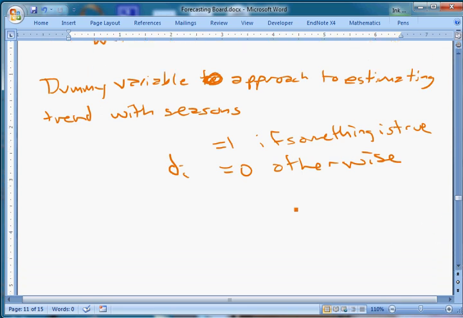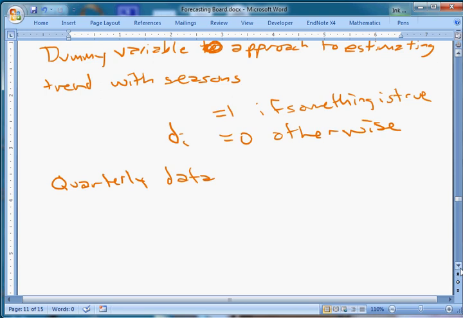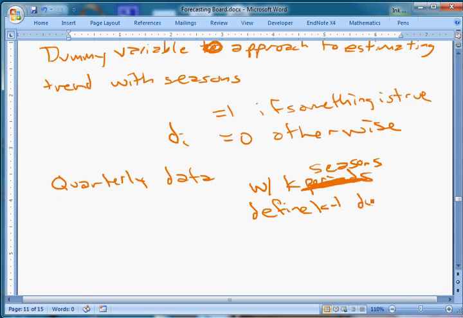Okay, so let's say we're looking at quarterly data, and we want to use quarterly dummies. Well, what we do is, if you have K seasons, you define K minus 1 dummies. So we have quarterly data, K equals 4. We're going to need 3 dummies.